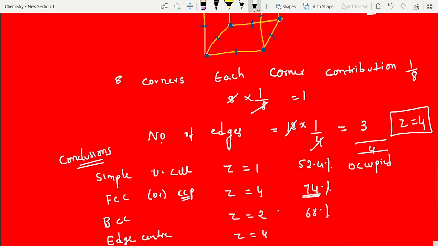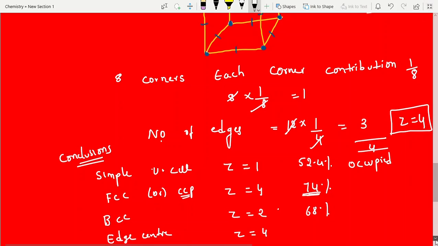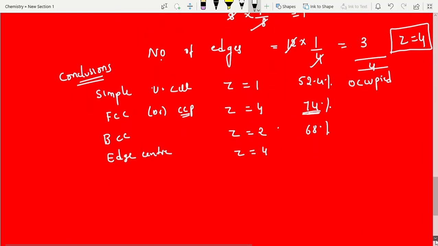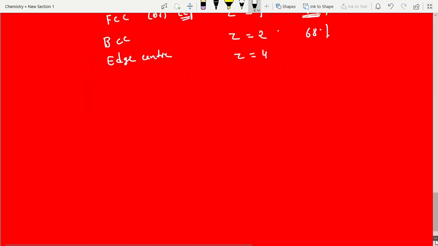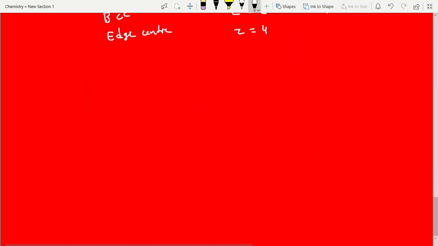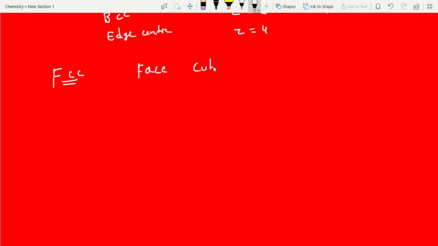FCC, face centered cubic, or else CCP, cubic close packing.